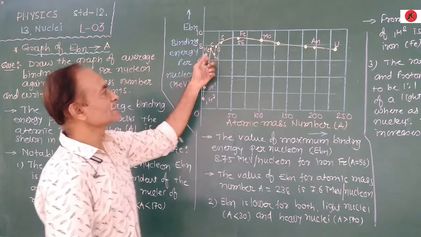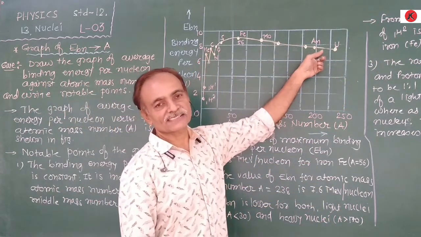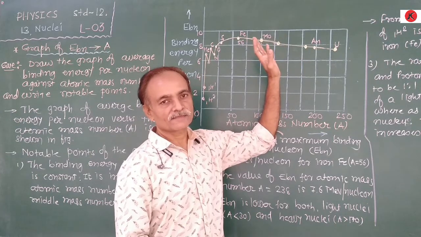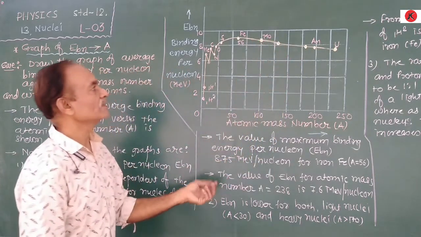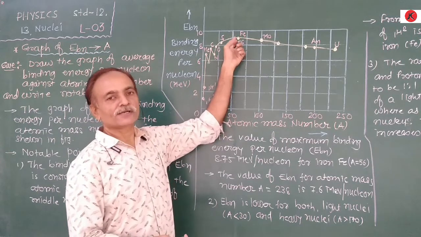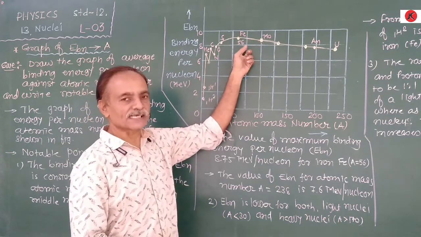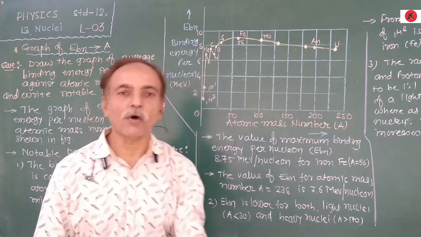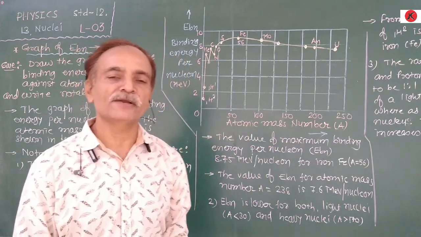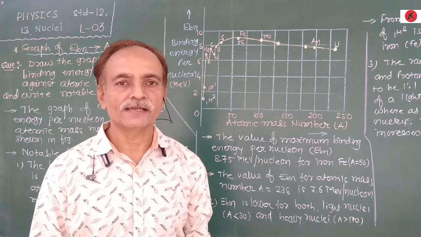The binding energy per nucleon is also less than 8 MeV. From the graph, the binding energy per nucleon for iron, Fe, with atomic mass number 56, is the highest value of binding energy per nucleon, EBN.